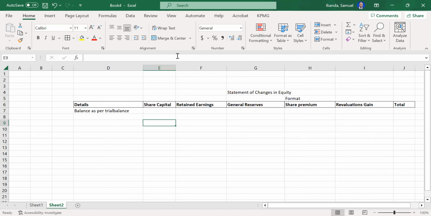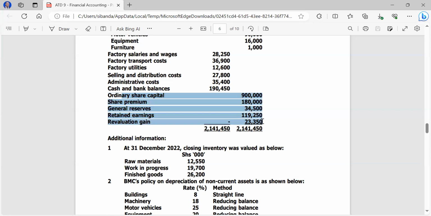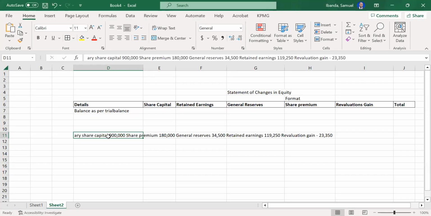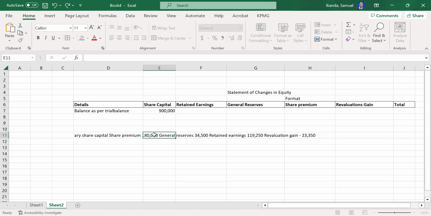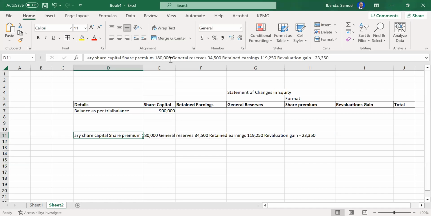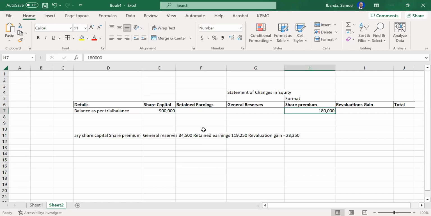So I'm now going to record those values as they are. I have 900. Let me just try to paste this here and then copy immediately. So my share capital is 900. Share premium is 180.